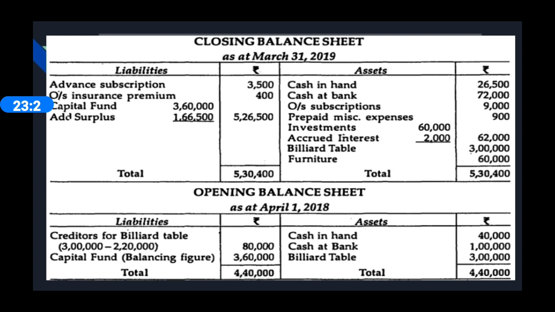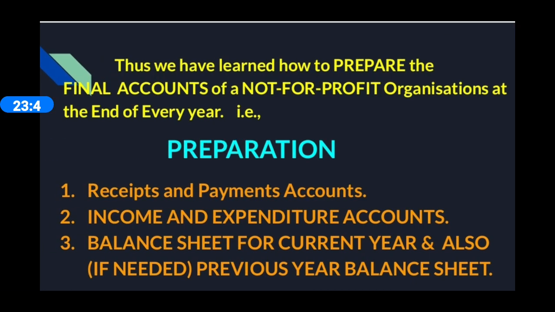So as far as final accounts of a not-for-profit organization are concerned, we have to first prepare the receipt and payment account, that is nothing but the summary of cash book, then income and expenditure, and a balance sheet. So that I have given you in a short form. Thus we have learned how to prepare the final accounts. So this is also final account.